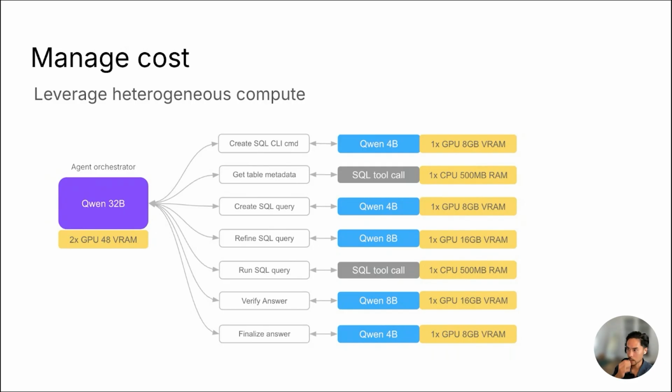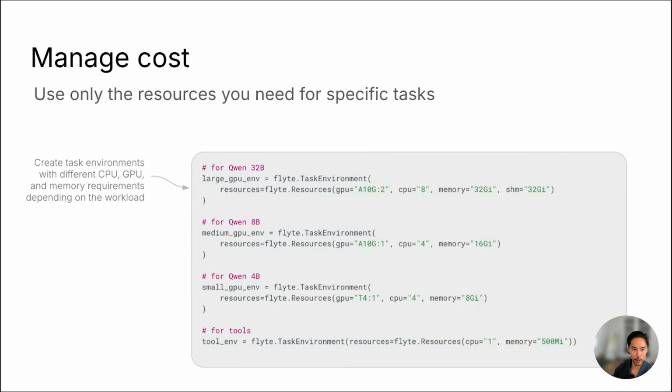In this case, you can see we're using three different language models, 32 billion, 4 billion, and 8 billion. And they're all using different GPU types, which Flyte enables. So you can create a task environment with resource requests that fit exactly the models that you're hosting in the system.